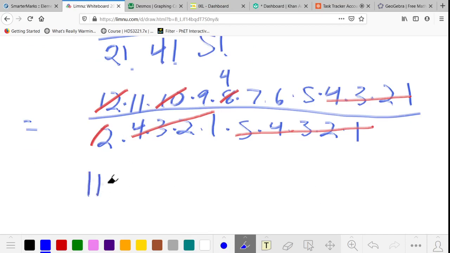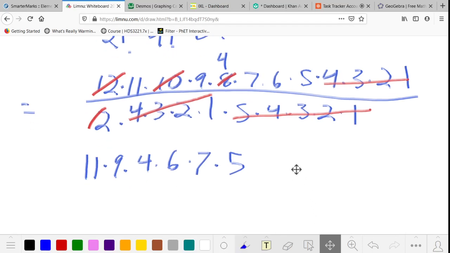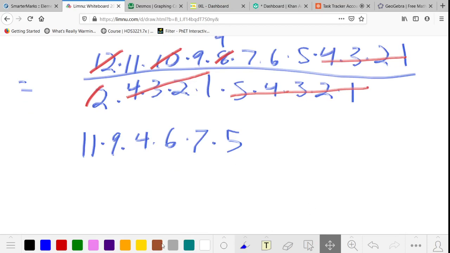So that leaves us with 11 times 9 times 4 times 7 times 6. And there's a 5 in there as well. So if we link the 5 with the 6, that's a 30.